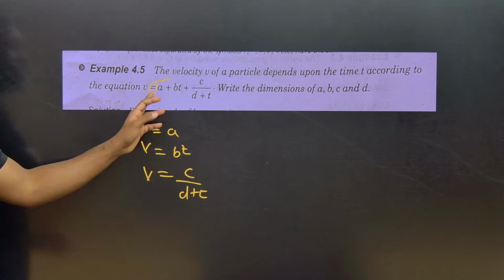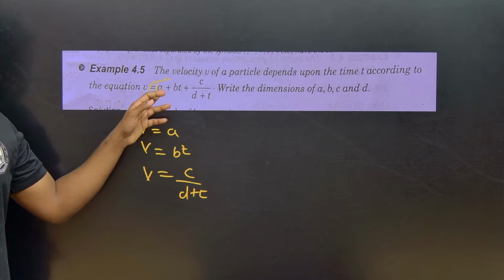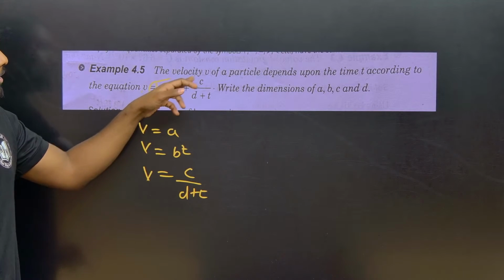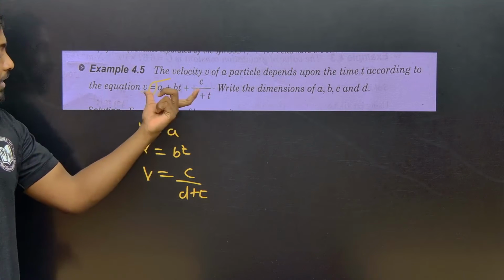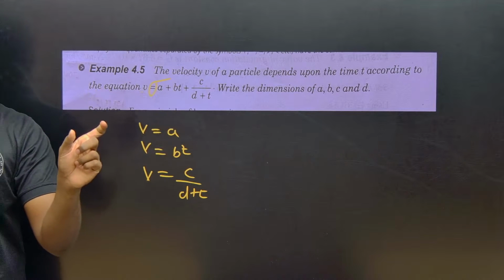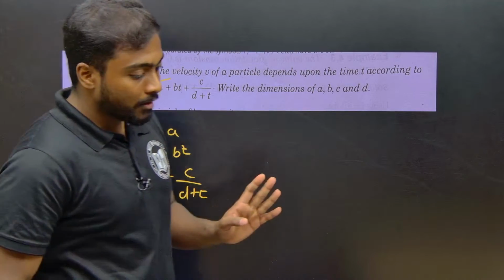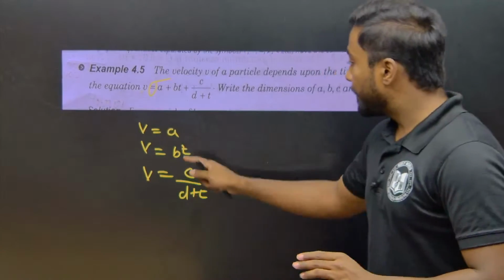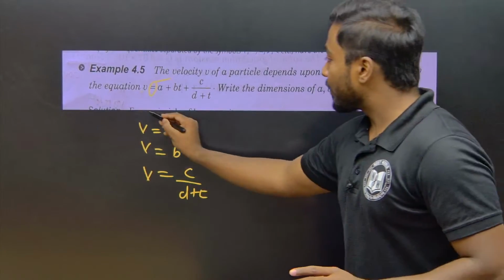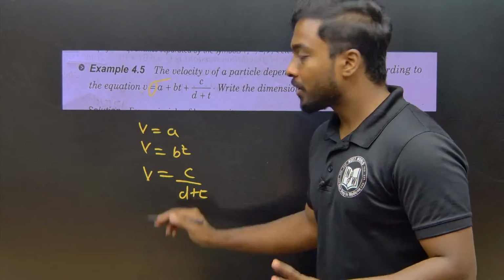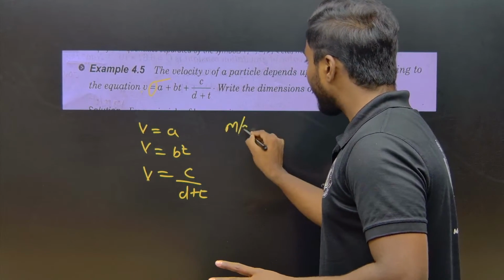So if I get the dimensions of a, bt and c/(d + t), and add everything, I should get v. If v is meter per second, then a is also meter per second only.